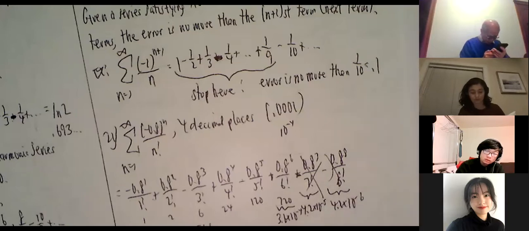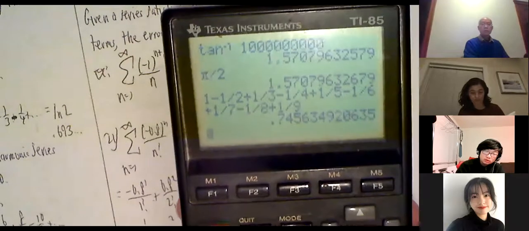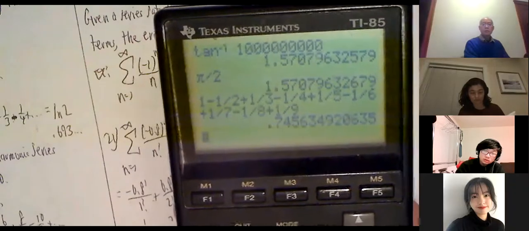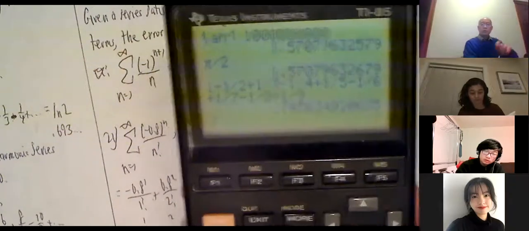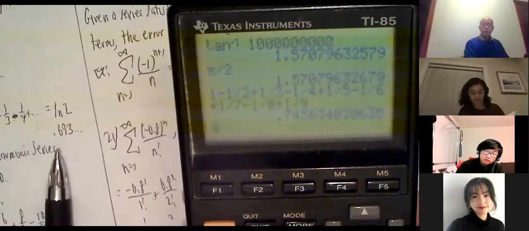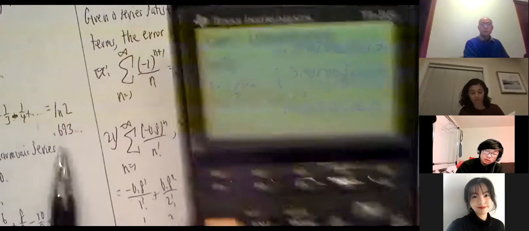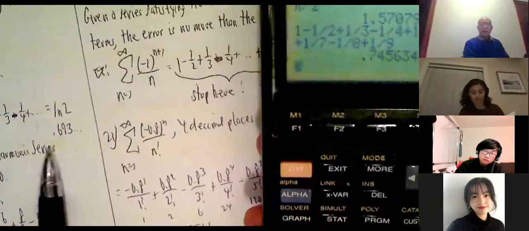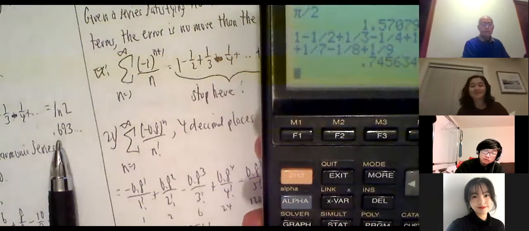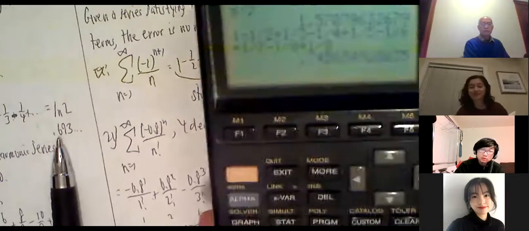Let me see if I did it right. 0.745 and 0.693. So yes, it is within 0.1. So by adding this up, I know I'm going to get something between 0.593 and 0.793.